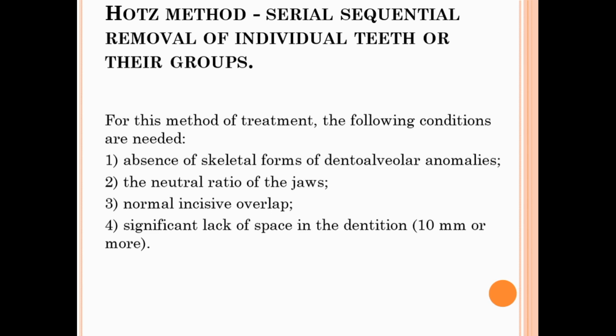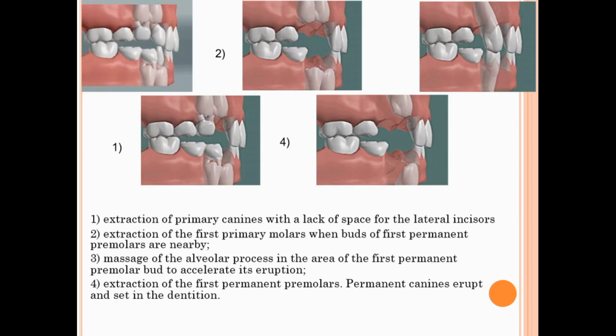First, absence of skeletal forms of the alveolar anomalies, a neutral ratio of the jaws, normal incisive overlap, and significant lack of space in the dentition of 10 millimeters or more. This method includes the following activities.